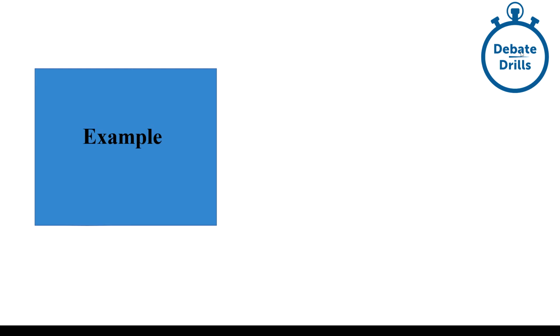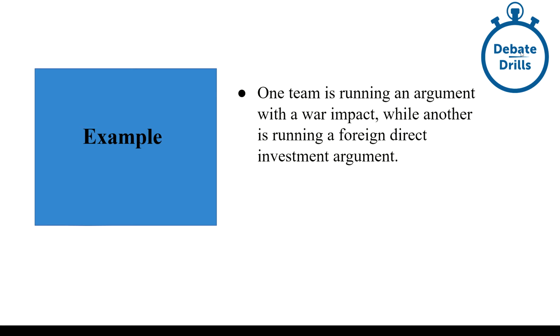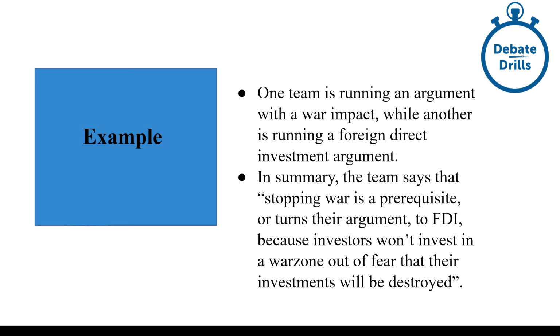So an example of a link comparison would be if in a round, one team is running an argument with a war impact, while another is running a foreign direct investment argument. In summary, the team that's running the war argument gets up there and says that stopping a war is a prerequisite, or another way of saying this is that it turns their argument to FDI, because investors won't invest in a war zone out of fear that their investments will get destroyed.